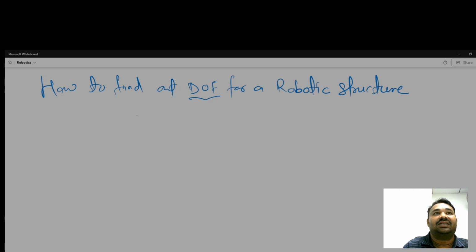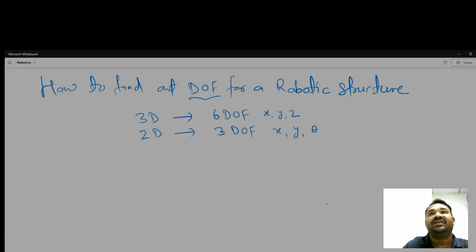For the 3D case, 6 degrees of freedom are required, and for 2D, 3 degrees of freedom: x, y, and rotation theta. For 3D, x, y, z, and rotation about each axis, theta x, theta y, theta z.